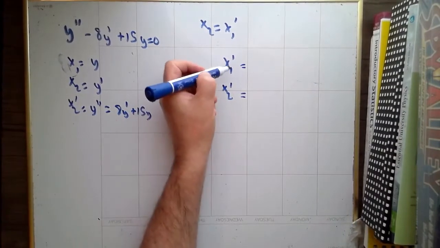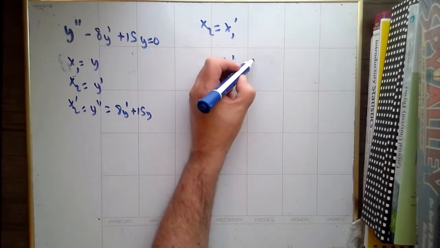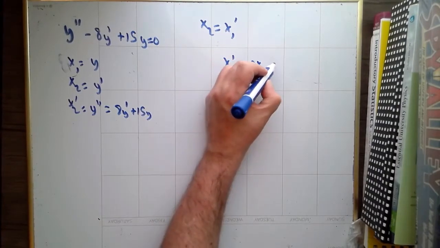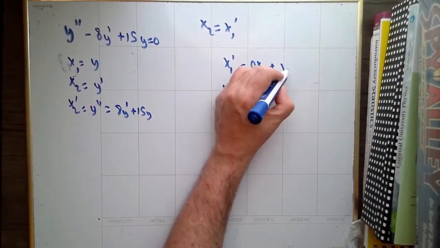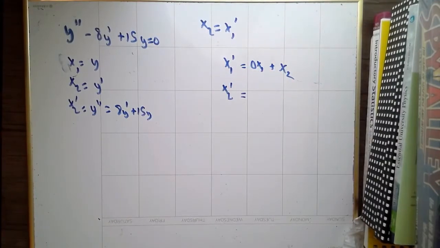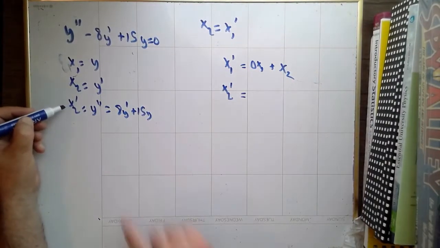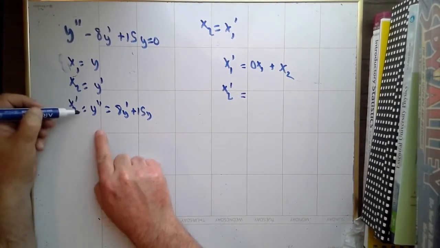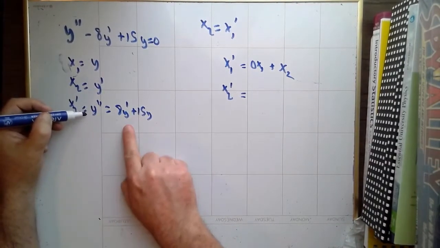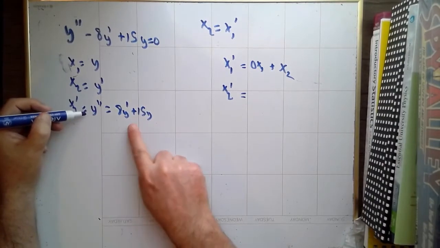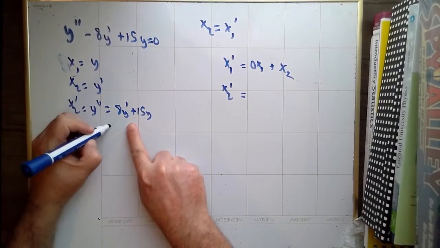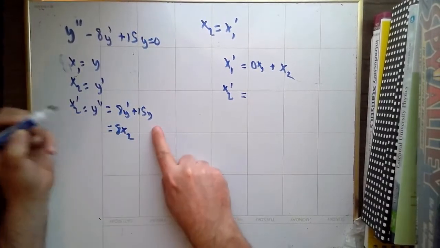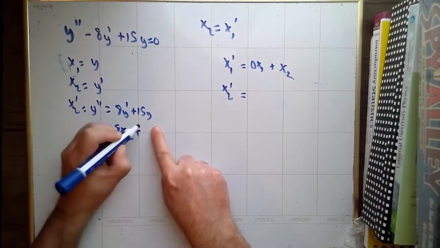So this one I already have. x1 prime is x2. So I'm going to call that 0x1 plus 1x2. x2 prime from here, because x2 prime is really just y double prime, would be 8y prime plus 15y. I have names for those guys. That would be 8x2 plus 15x1.